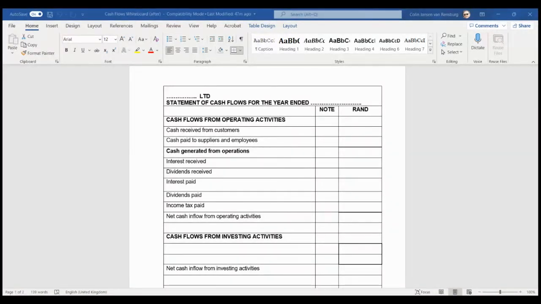So there's possibly interest that was due to you at the beginning of the year or at the end of the year that did not land in your bank account at that point in time, right? So there could be a difference. Later on, we'll see which method or technique we are going to be using to eliminate the effect of the accrual system, right? But at this point in time, it's just very important that we understand that they are not the same.